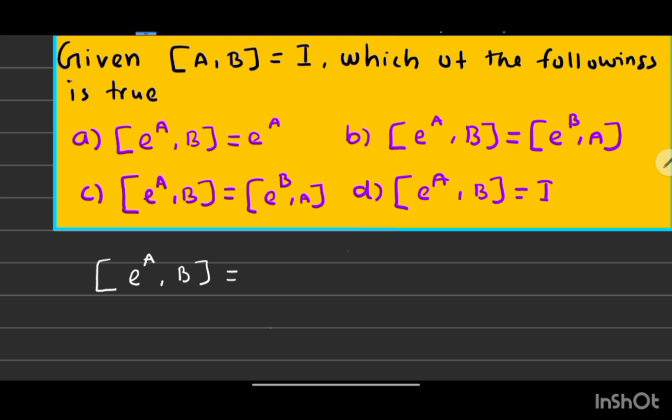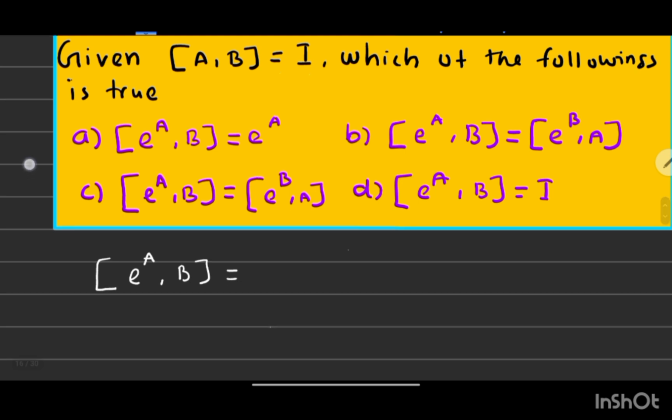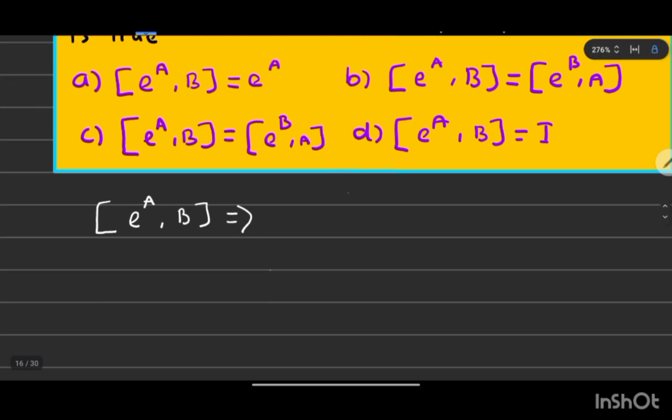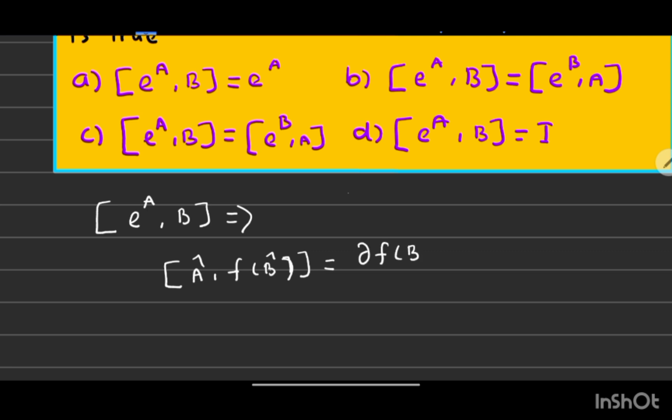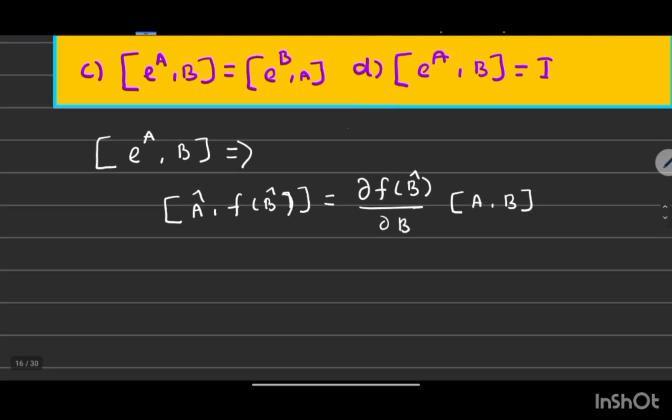As we have discussed earlier, whenever you have an operator and a function of some other operator in the commutation relation, you can simplify using the following formula. Take the derivative of the function with respect to the corresponding operator, and then again take the commutation relation between the operators involved.